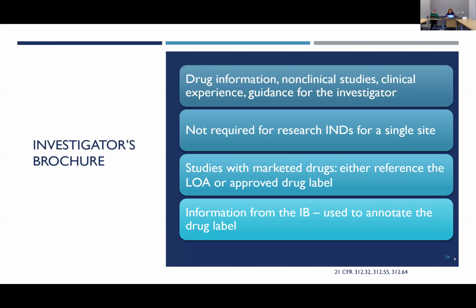So the drug information is like the pharmaceutical properties, formulation, storage, and handling. And then it just continues to grow. This is where the investigators are supposed to be familiar with the investigator's brochure, because it can provide them guidance on the toxicities to expect and how to manage them also.